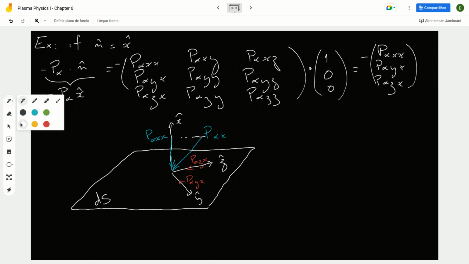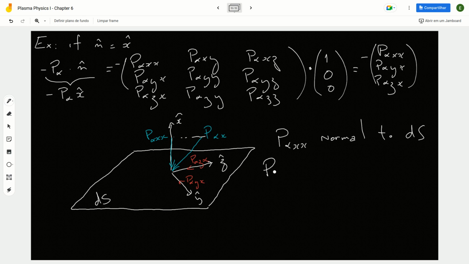Then we have P alpha xx normal to dS, and I have P alpha yx and P alpha zx. These are the tangential pressures. Tangential is with T or with C in English, I don't remember.